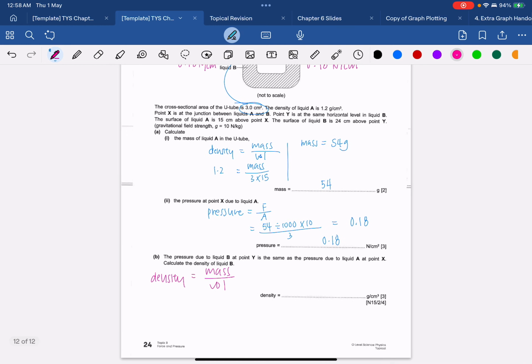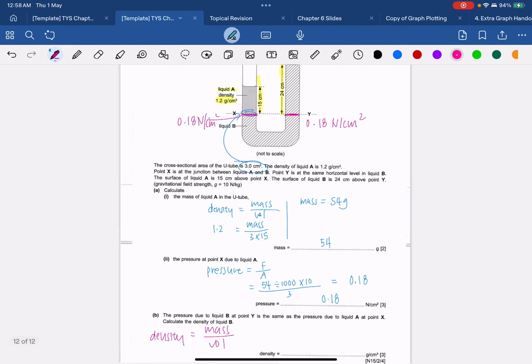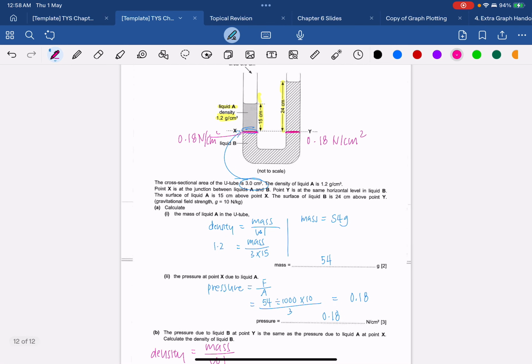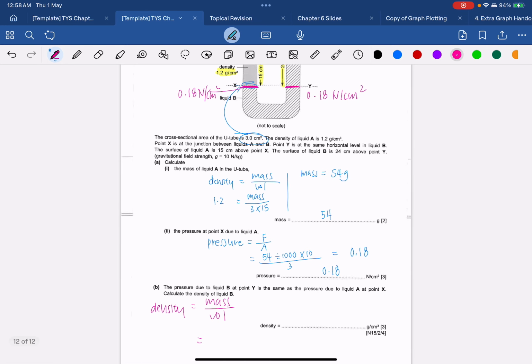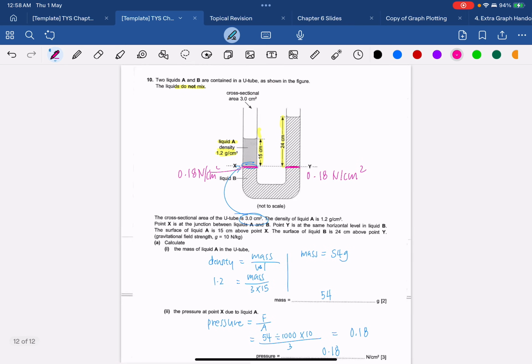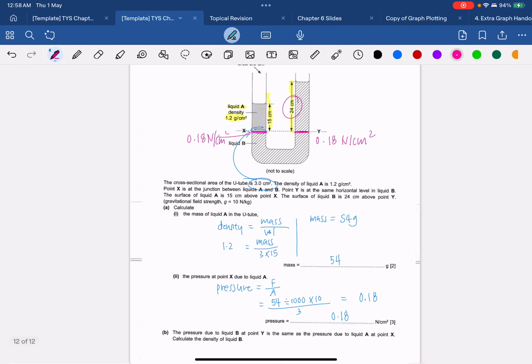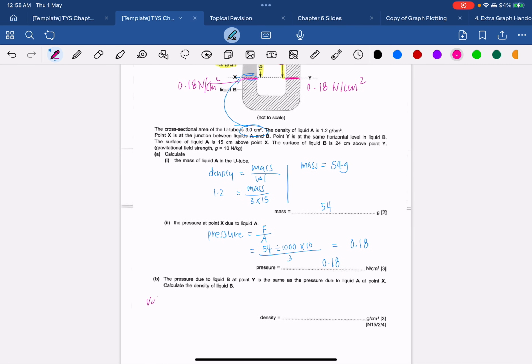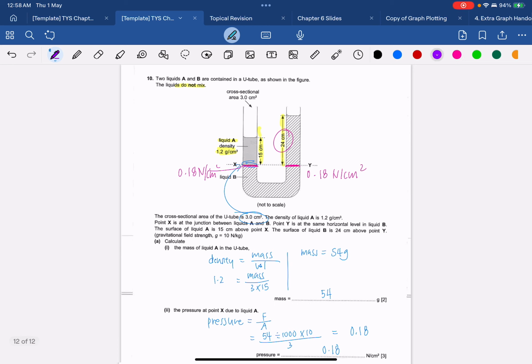Why am I doing this so crazy? They gave me this height already, right? So to find the volume, it's 24 times 3. So 24 times 3, 72 cm cubed.